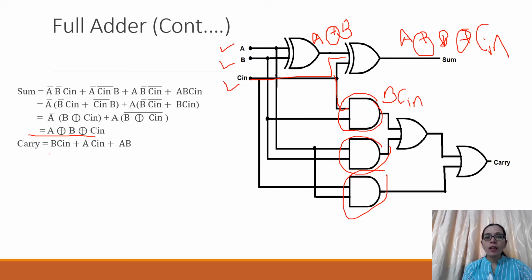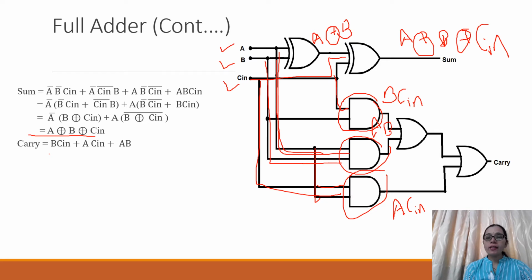Now another AND gate is A and B. The second AND gate has one input as A and another input as B, therefore its output is A B. The last gate has inputs C in and A, so the output is A C in.